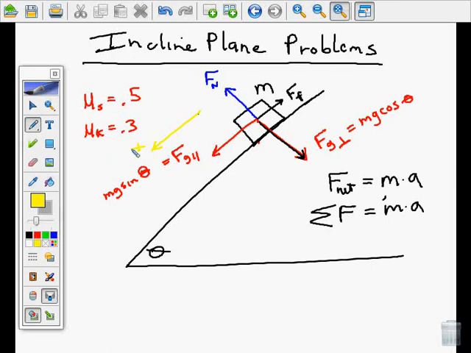So if the object wants to slide down this way, I know that my Fg parallel is going to be bigger than my Ff. So therefore, the sum of the forces, vector problem, they're in the opposite direction, is going to be Fg parallel minus the force of friction equals m times a.